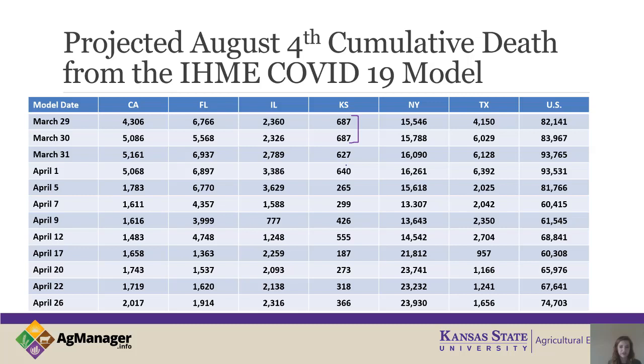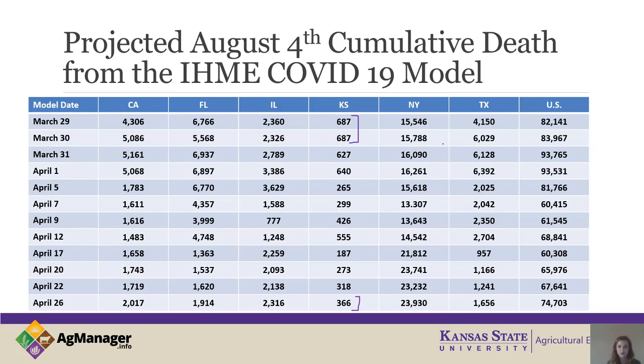And as models were released, we walked it back a little bit. At one point, we were at 265, 187, and now looking at the most recent release, we're back at around 366. So there have been some fluctuations as we've continued to get data and the model has made revisions, looking at what the cumulative death will be.